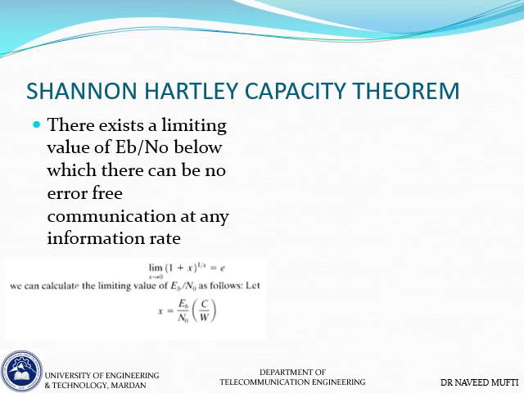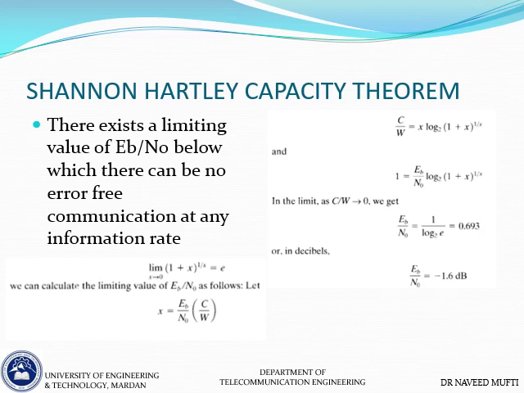Let's say that x is equal to EB by N naught multiplied by C by W. If we assume that is x, then the expression that we derived on the previous slide will look something like this. And C by W is basically equal to that, you can verify.